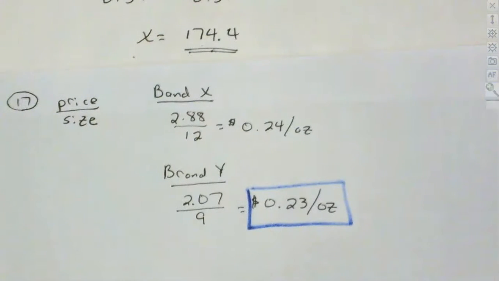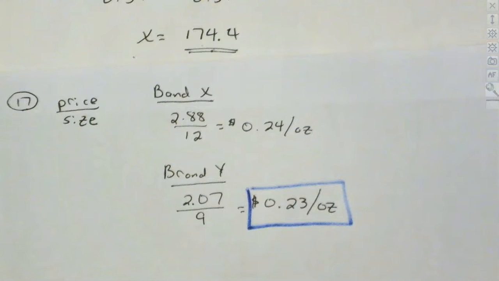Maybe it's the store brand. Maybe the smaller store brand container is actually cheaper per ounce. Does everyone kind of see how that works? And there are several of them that are the same thing. The very important thing on these, though, is it's always price divided by the size, or number of units in that container. It might be the number of candy bars in a box.